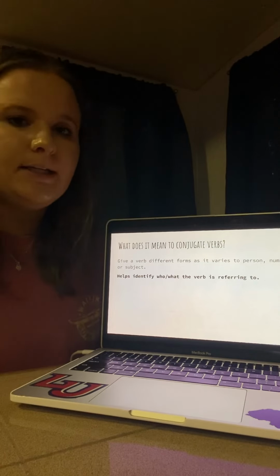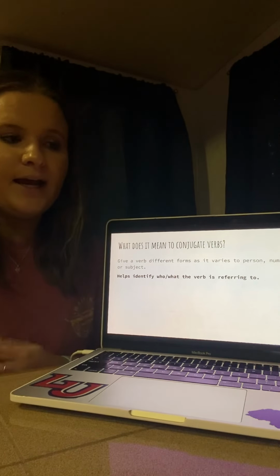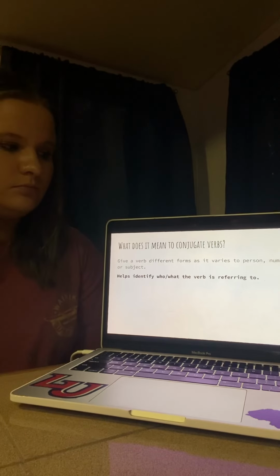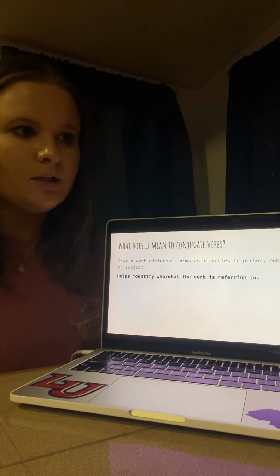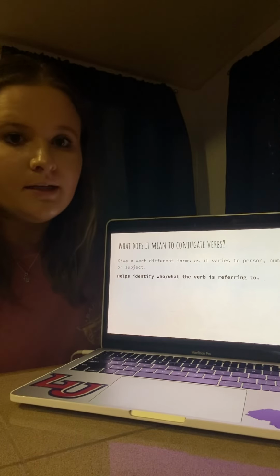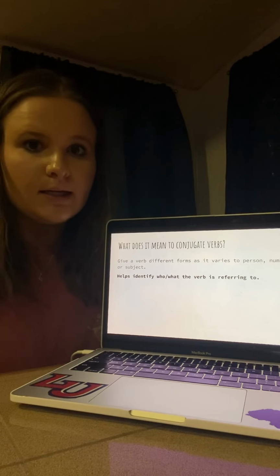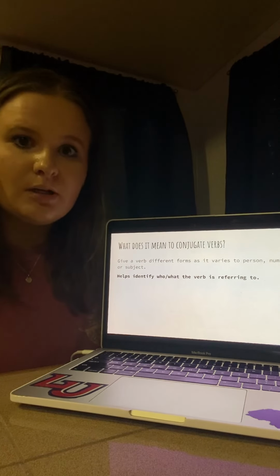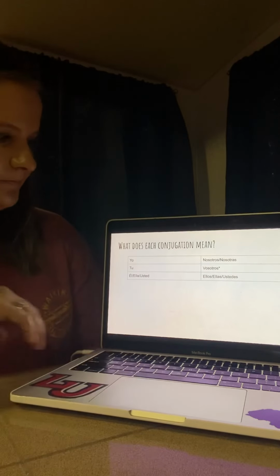Before a verb is conjugated, it has no subject, it has nothing connected to it. So before a verb is conjugated, it would have no connection to a person, to a thing, to any noun. So it's important to conjugate so that we know who it is referring to.